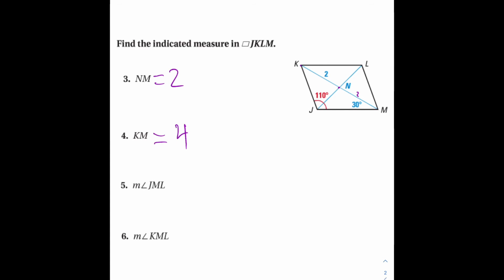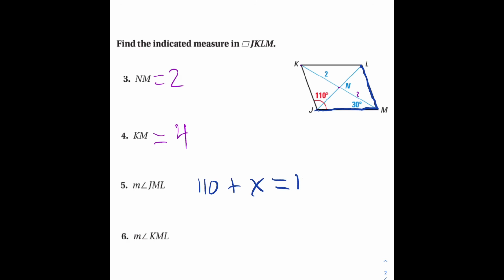Looking at JML. So again, this is going to be this kind of larger angle right here. And so I see, hey, angle KJM is 110, and I know that same side interior angles are supplementary. So that means they're going to add up to 180. So I'm going to take 110 plus whatever this unknown angle is.